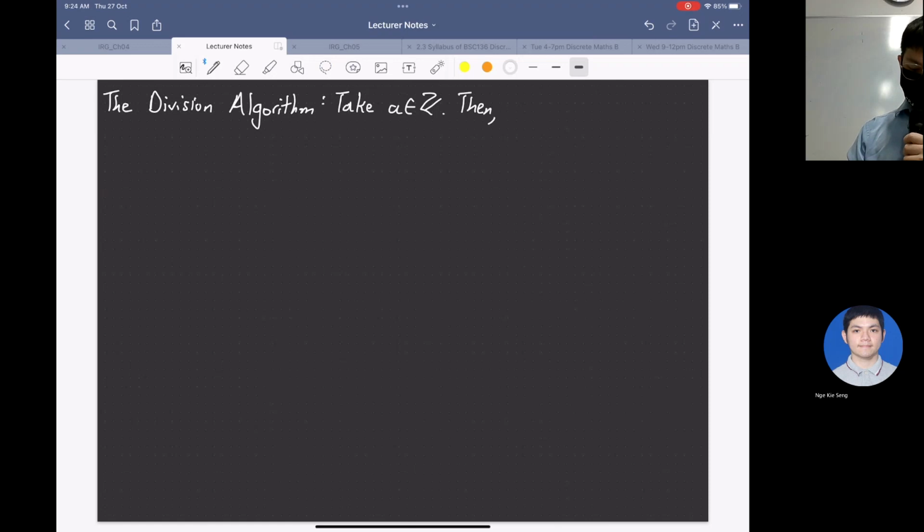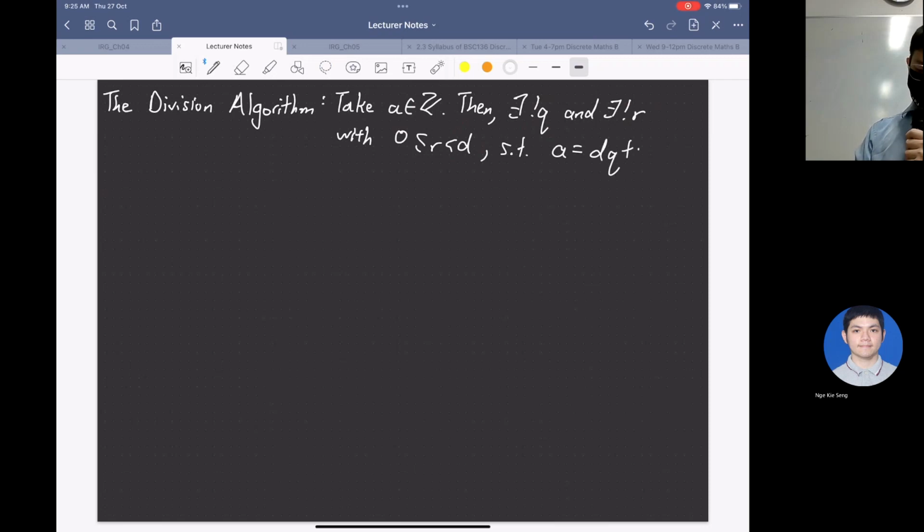Then we can find unique numbers Q and R, where R has some restriction on it. How many numbers did we introduce? A, then Q, then R, and then D. How are these 4 numbers connected to each other? Such that A equals DQ plus R.